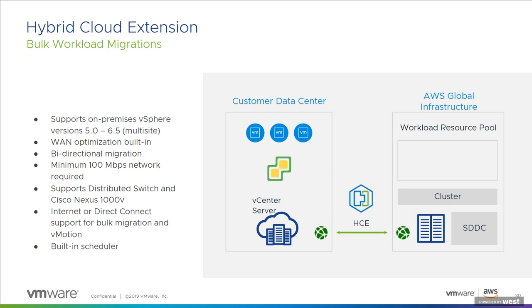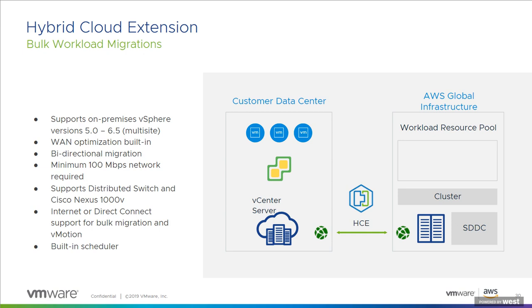The hybrid cloud extension allows for bulk load migrations. We're backwards compatible up to vSphere 5.0, and we support all the way up to the current version, which is 6.7. As part of the hybrid cloud extension, we also have a WAN optimizer built in.